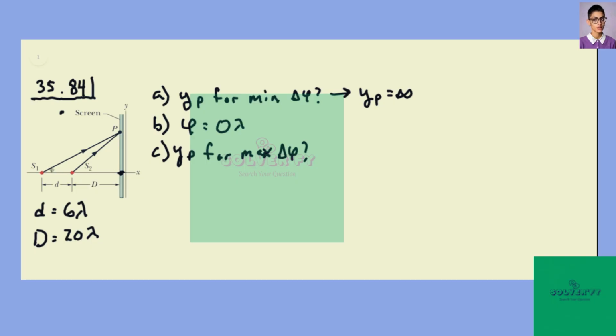But if you think about it, just the separation between them has to be the maximum path length, and so on the horizontal line joining them is where that will occur, which is at y equals 0 on the screen. Now we said that these are 6 wavelengths apart, and so that's going to be their phase difference on the x-axis.